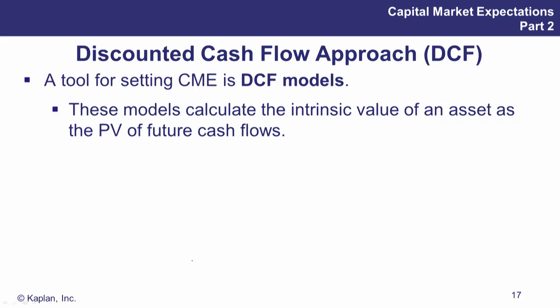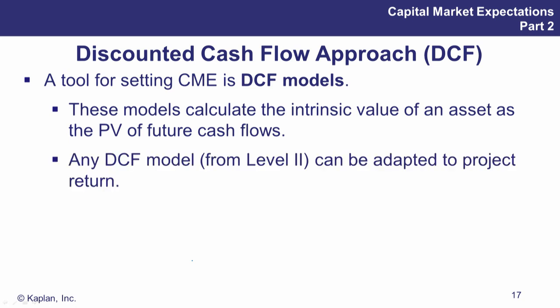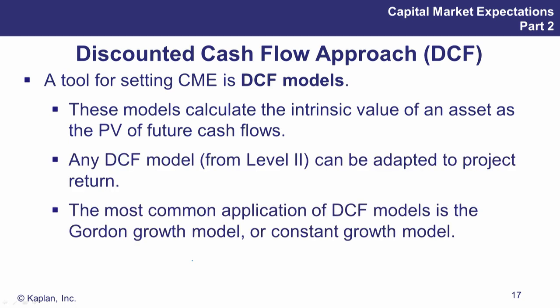Okay, so the idea of using discounted cash flow, you've seen this before, and I guess the one that's most applicable here for us is our Gordon growth model. So a quick reminder here. When we think about estimating a price or value today, we often think about the next dividend, D1.